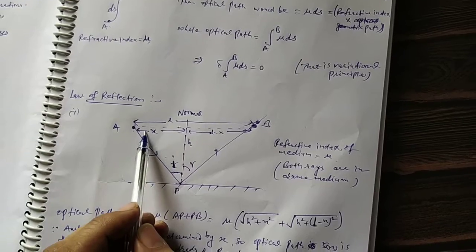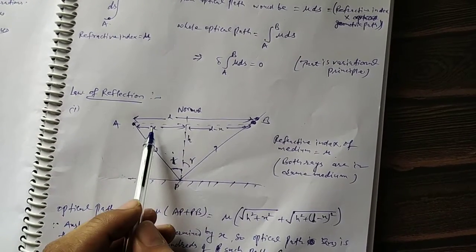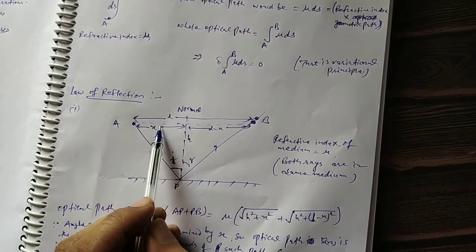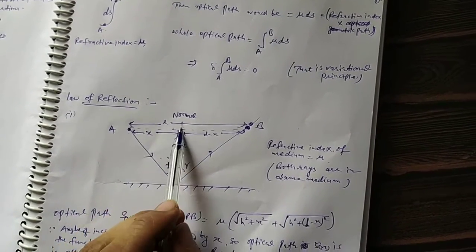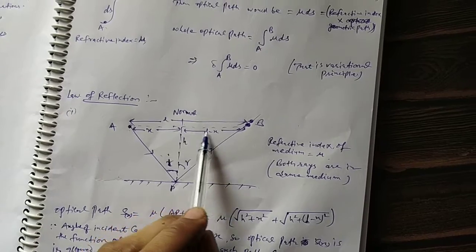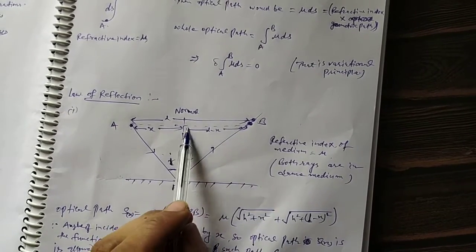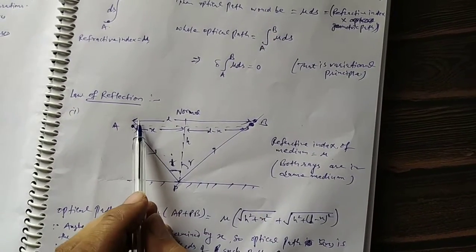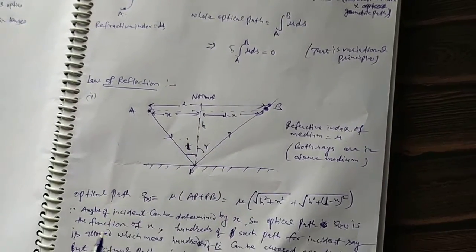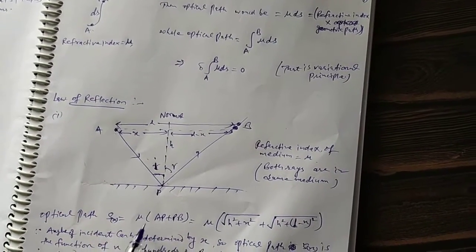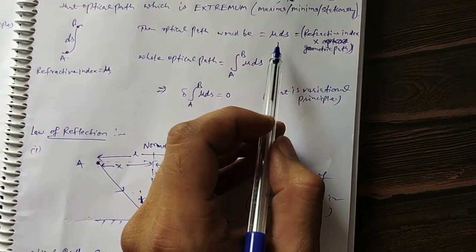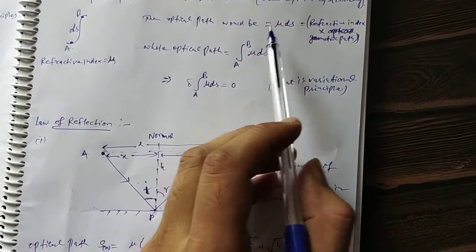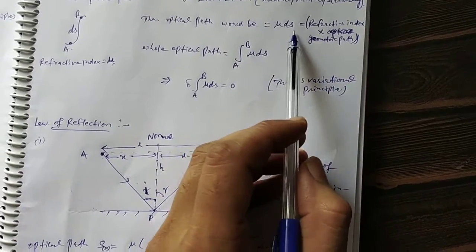Let X be the distance between A and the normal, and L minus X the distance between the normal and B. The distance between A and B will be L. So the optical path, as we know, is mu times ds, which means refractive index times path.